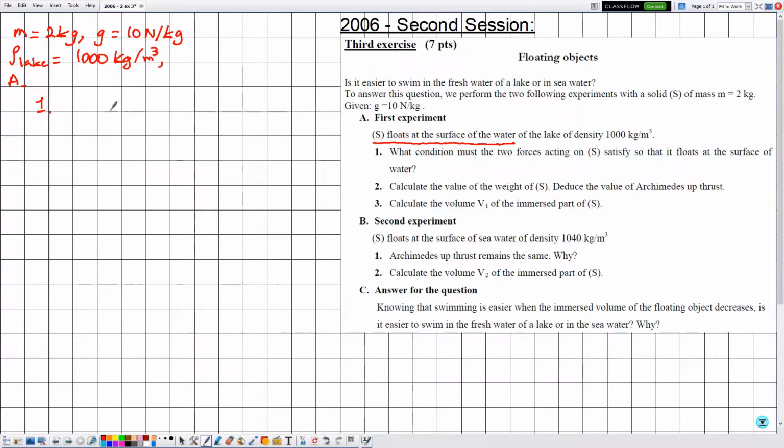How do I apply this condition? Always as a title we will write at equilibrium. And on the left hand side of this equation we will write the sum of forces acting on the solid S. So what are the forces acting on the solid S? Because it has a mass, it will be directly subjected to the weight vector.